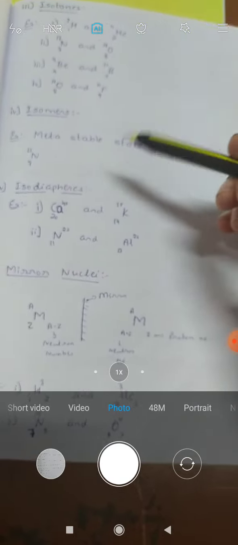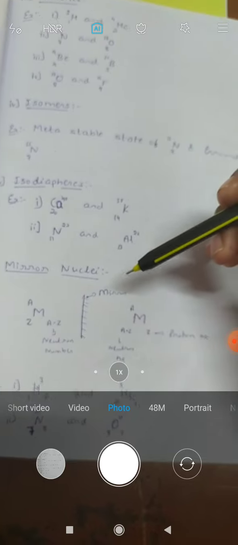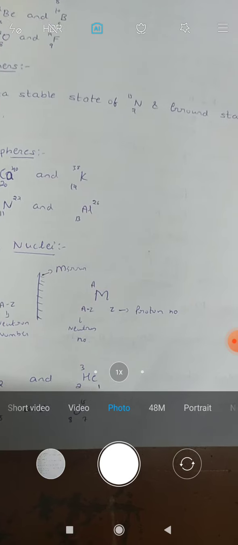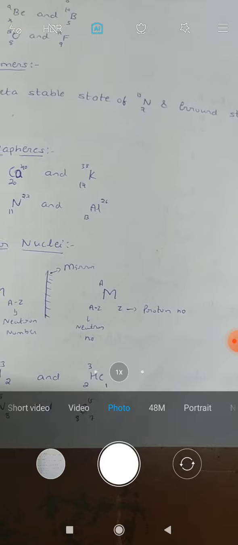The next, sixth one, mirror nuclei. In case of mirror nuclei, the nuclei in which the number of protons in one nucleus is equal to the number of neutrons in the other nucleus are called mirror nuclei.